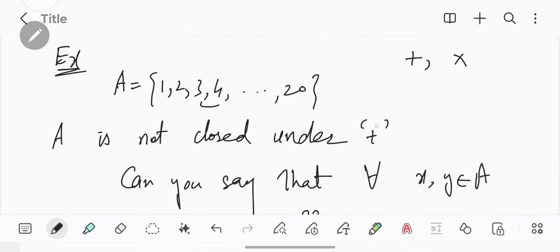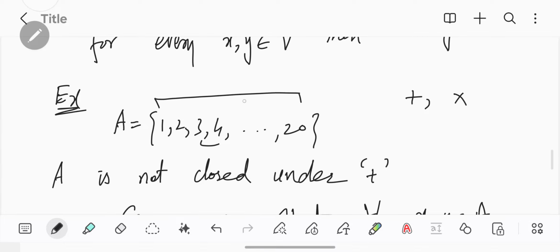In other words, you will say addition is not an inner operation, because for an inner operation it must be true for all elements that if you add all elements together, you do not go outside of A, right?